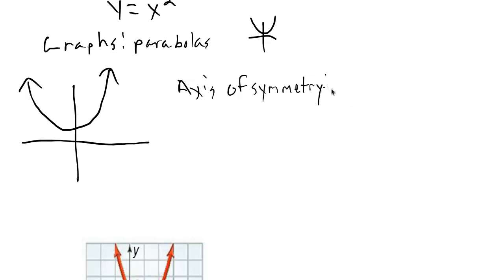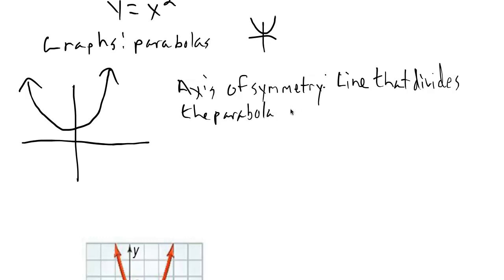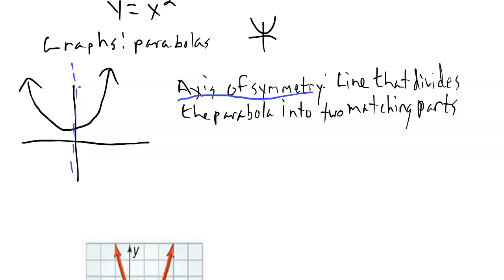Remember, if we try to fold the parabola, this would be what we folded on to get matching parts. If we were looking at that for this, our axis of symmetry would be somewhere right about in there.